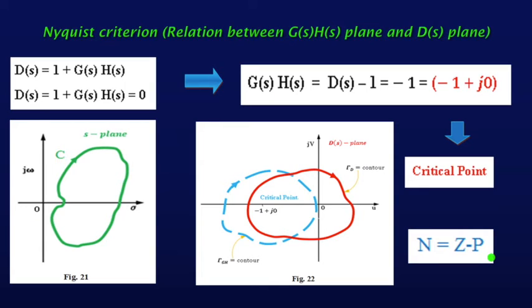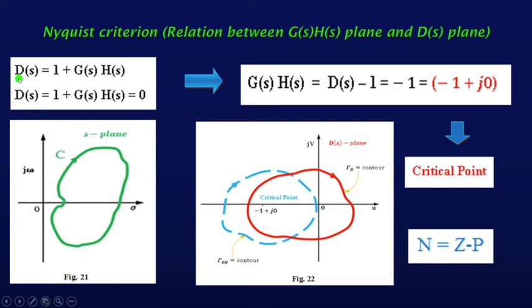Therefore, for a closed loop system to be stable, the number of clockwise encirclements of the origin in the DS plane by gamma D should be equal to the number of right half S-plane poles of DS, which are poles of the open loop transfer function GSHS.